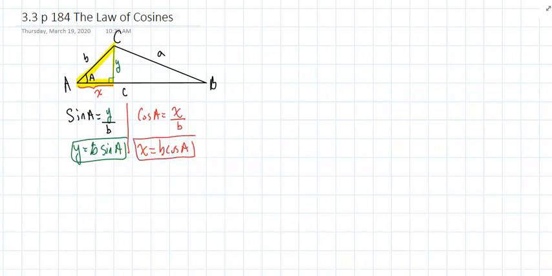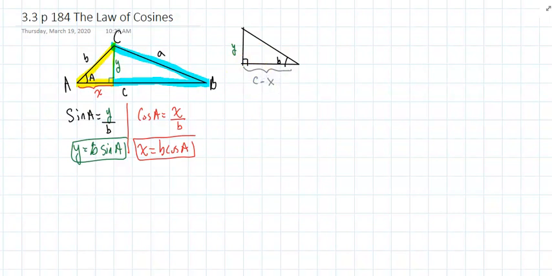Now, if I look at the second triangle, this is a right triangle. If I mimic that right here, this is angle B, this is y, and this length right here would be c minus x.